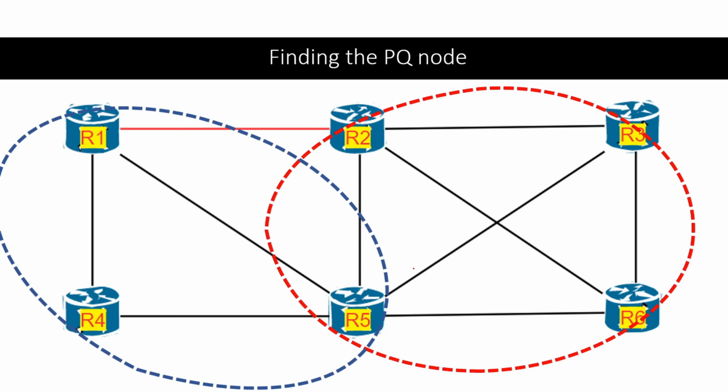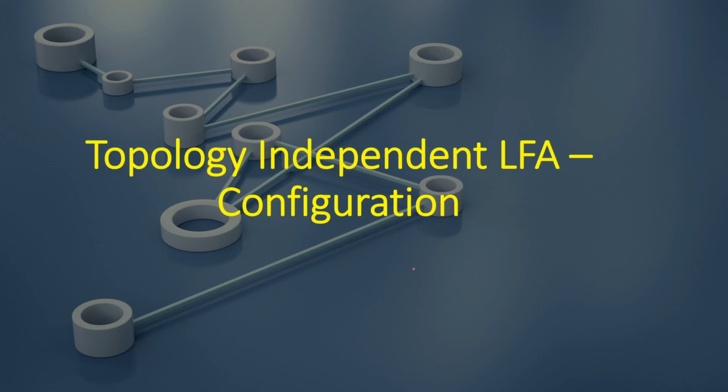So R5 becomes the PQ node here. So that's it about the PQ node. I'm hoping that you got a good idea about the PQ node, because that is the core concept for Ti-LFA.